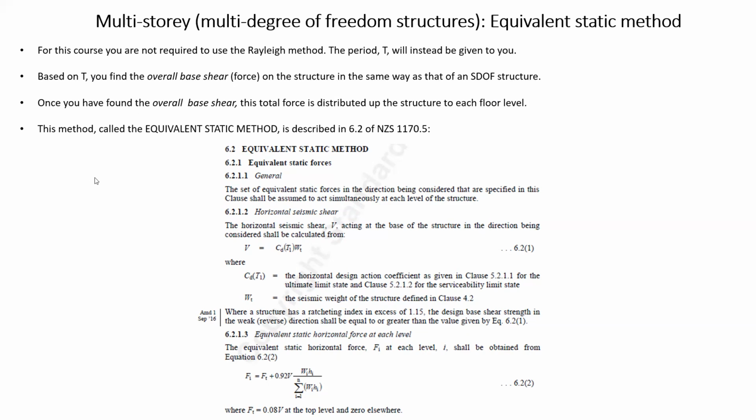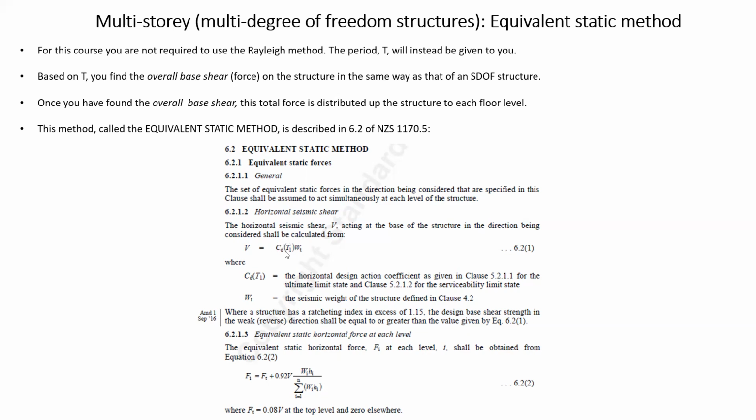Once you have found the overall base shear, this total force is distributed up the structure to each floor level. This method, called the equivalent static method, is described in 6.2 of NZS 1170.5, which is the code that you've been working with. Your overall V is given by the acceleration times the seismic weight, the base shear.